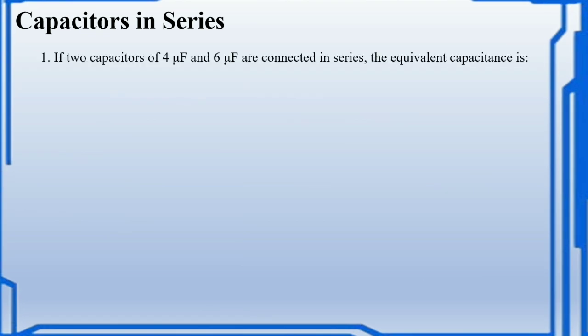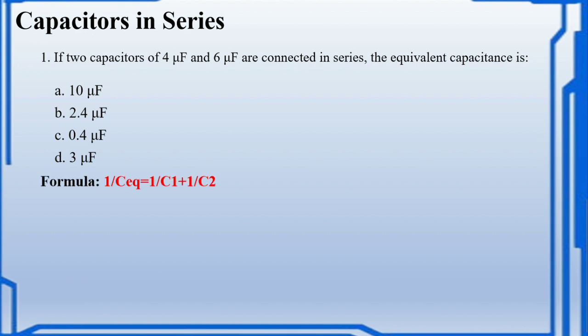If two capacitors of 4 microfarads and 6 microfarads are connected in series, the equivalent capacitance is A. 10 microfarads, B. 2.4 microfarads, C. 0.4 microfarads, or D. 3 microfarads. When capacitors are connected in series, the total capacitance is given by 1 over CEQ equals 1 over C1 plus 1 over C2.